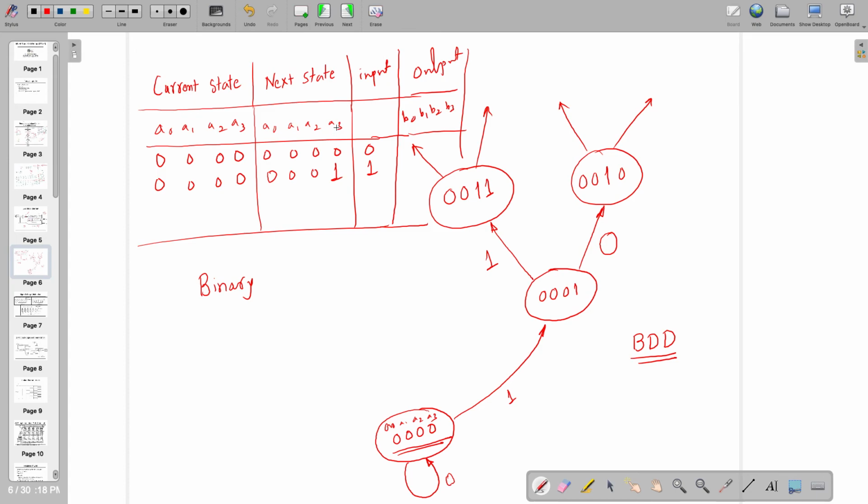By the way, A3 has to be the MSB. I made it the reverse way. So now, how to write down the output?